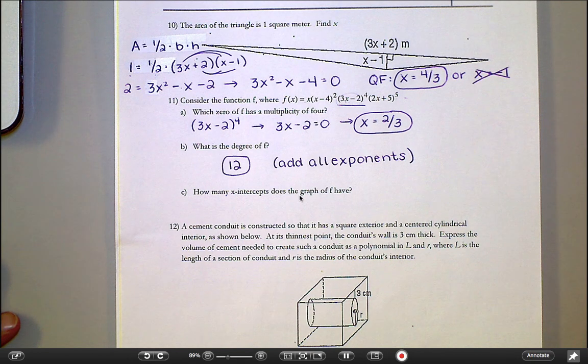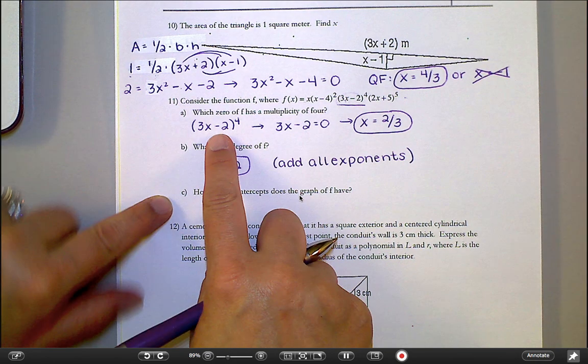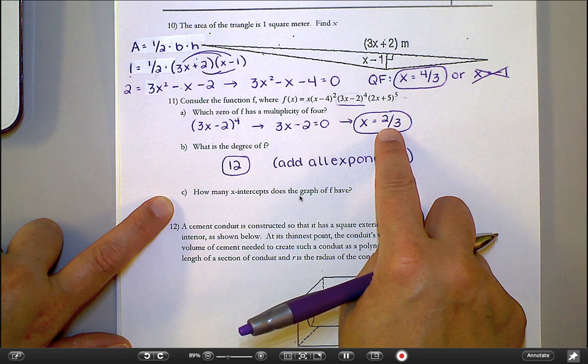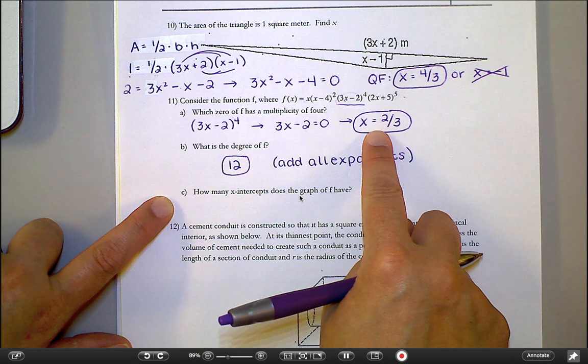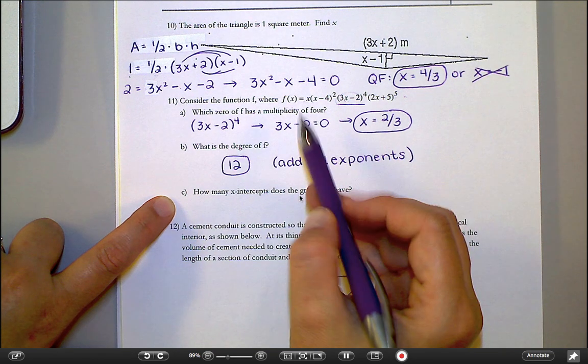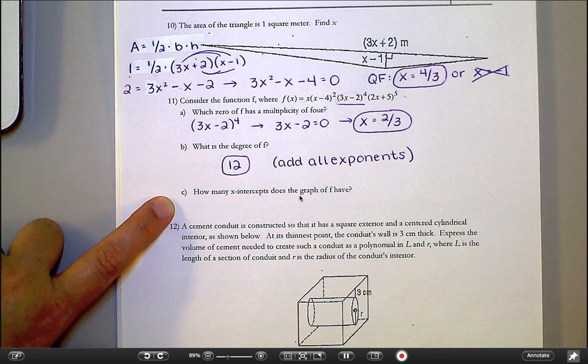Now, how many x-intercepts does the graph have? We've always told you that x-intercepts and zeros are really the same thing. The one minor difference is that even if this has a multiplicity of 4, it's still only crossing the x-axis one time. It's still only hitting once. So in terms of x-intercepts, I'm just looking at how many distinct zeros I would have.